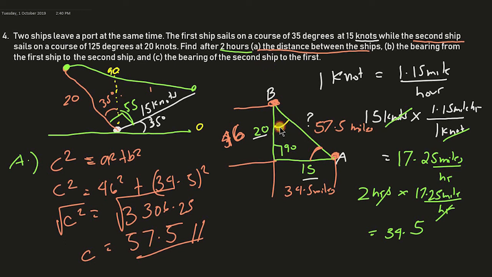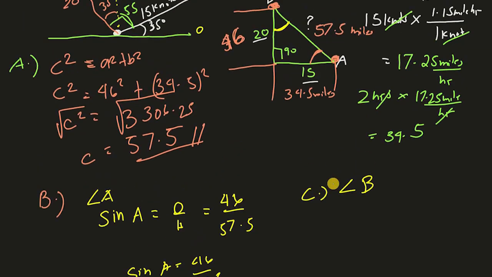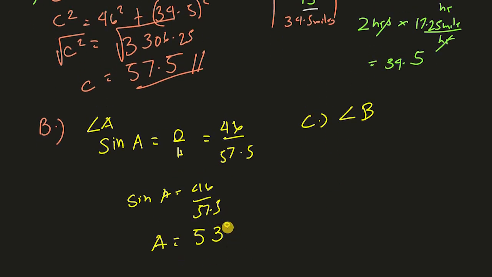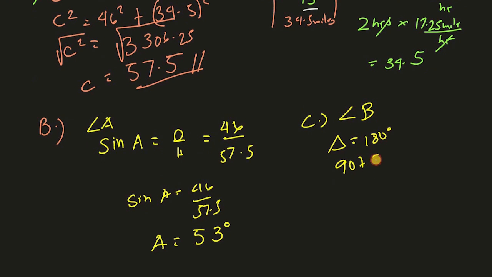That means they are looking for this value, so let's solve for angle B. You can again use any trig function, but take a look: one angle is already given, angle A. Remember that the angles of a triangle add up to 180 degrees. We already know this is 90, and we know another angle is 53 degrees. What we are looking for is angle B. Adding all of them gives 180 degrees.